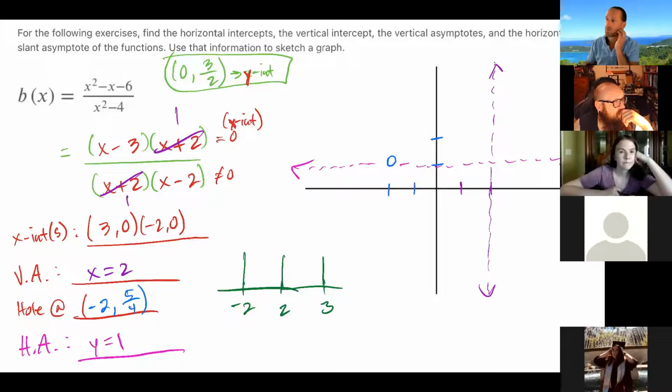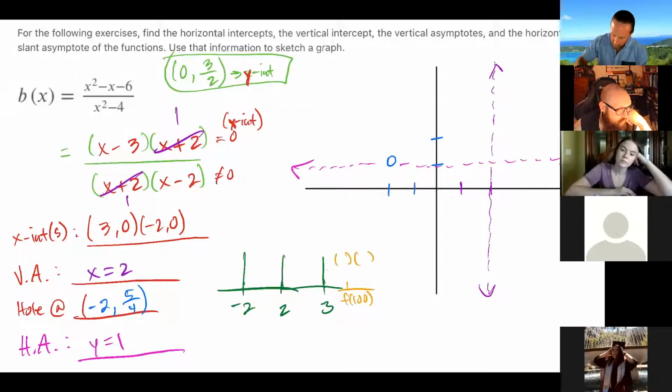Do you guys remember all the multiplicity stuff we talked about? That will allow us to do a shortcut on this. So check it out. Couldn't use 3. Wanted to show you that. I'm going to choose my 100 that I was mentioning. When I plug that in, all I want to see is if it comes out positive or negative. So I don't even care what the value comes out. Plug in 100.